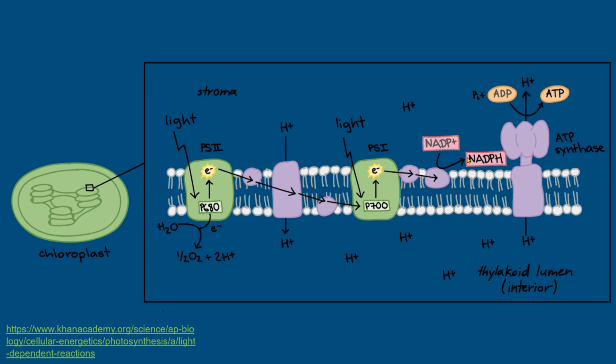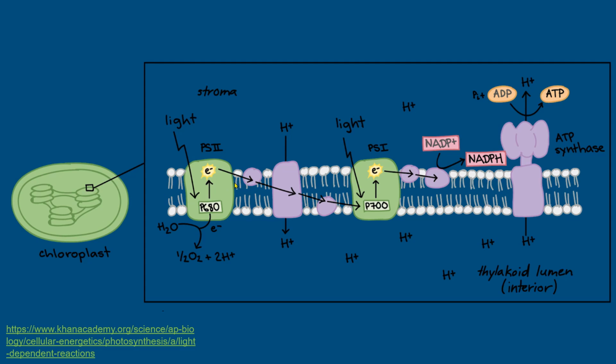So this reduction only happens when 2 electrons arrive. And so here, finally, NADPH, our desired molecule, is produced and released into the stroma. This cycle of electrons, starting from H2O and NADP+, continually occurs as long as light is present to kickstart the flow.